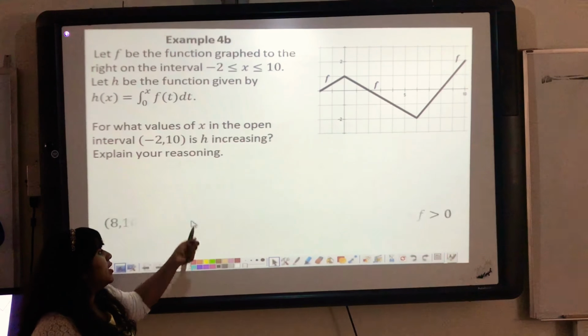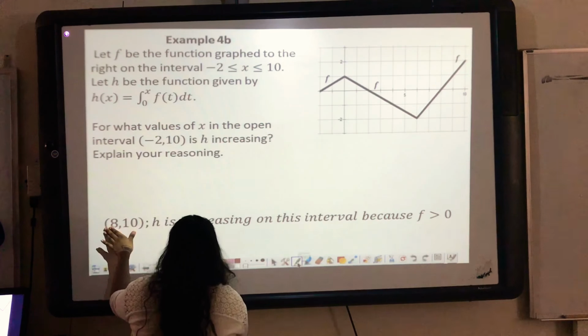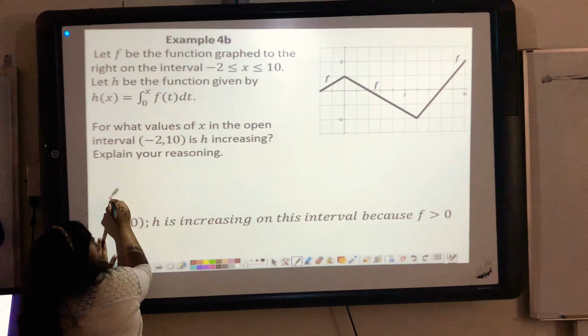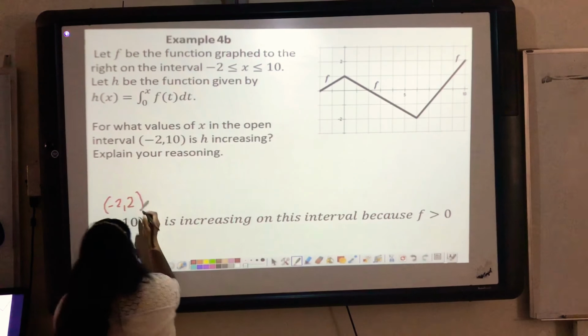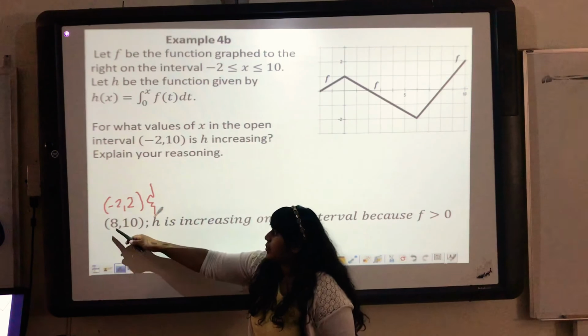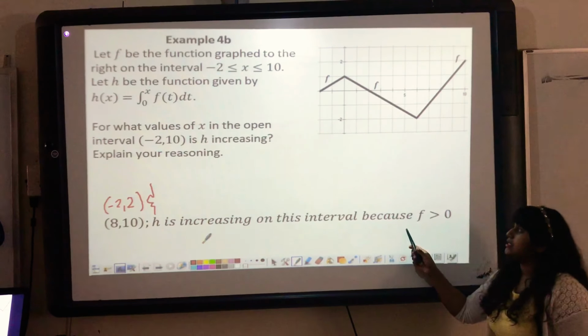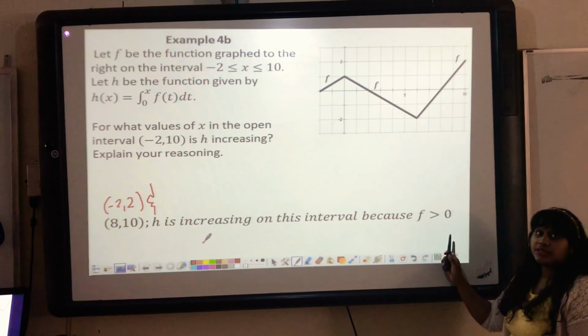Well, what is our reasoning? Let me add this on. There's also an interval from negative 2 to positive 2. So, from negative 2 to 2 and from 8 to 10, h is increasing on these intervals because f is greater than 0.